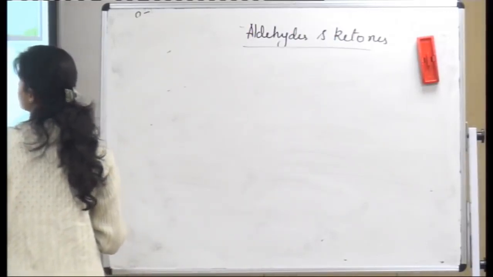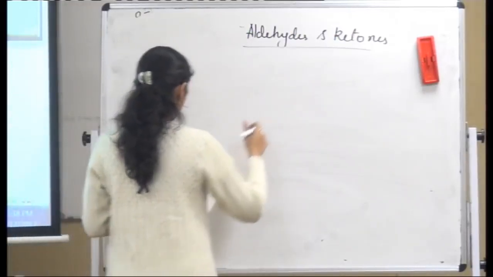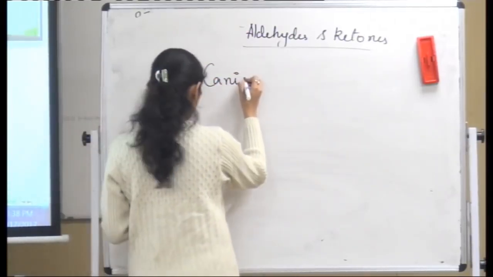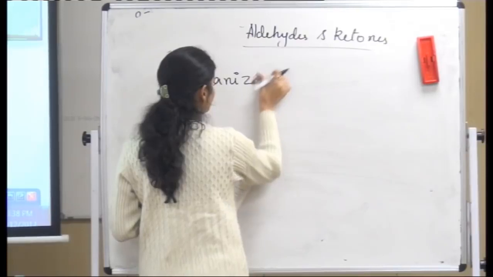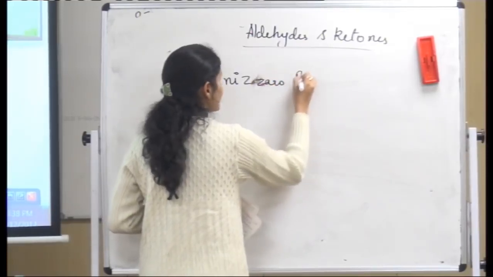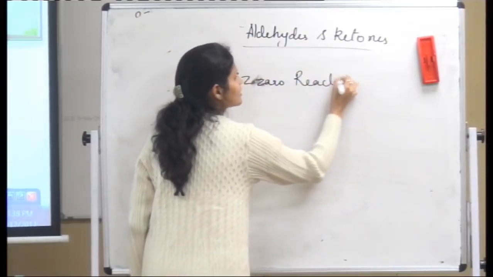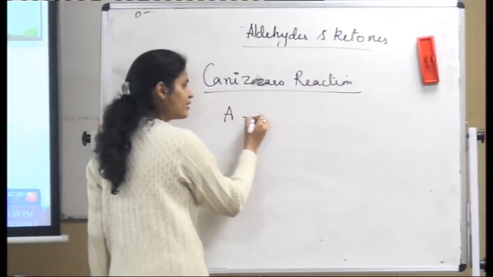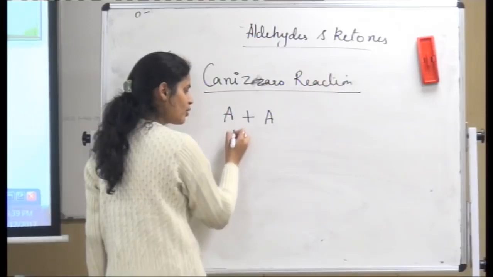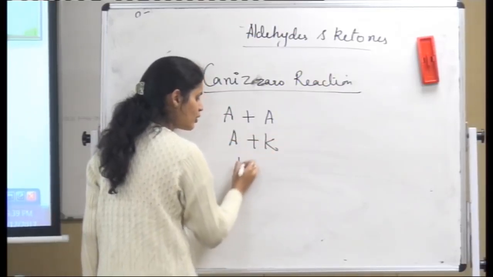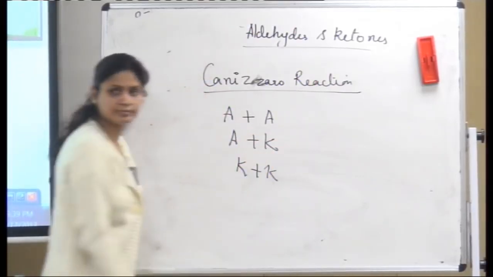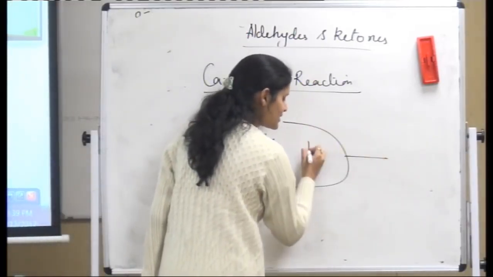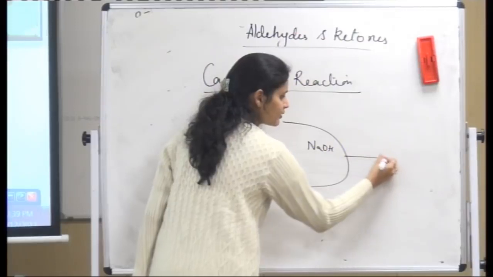Please explain cross-Cannizzaro reaction. Okay. Whenever I am saying Cannizzaro reaction, I am saying that there is a reaction between aldehyde plus ketone or ketone plus ketone in presence of base, right?